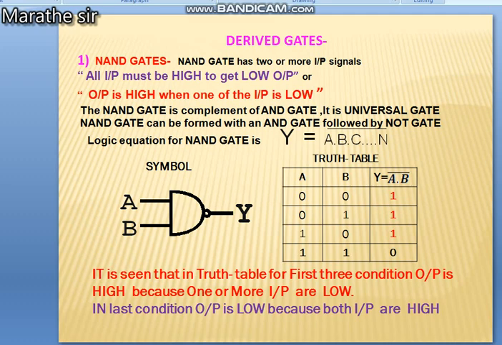In the last condition, when A is equal to 1 and B is equal to 1, we are getting output Y is equal to 0 because both inputs are high. So the NAND gate provides a low output when both inputs are high, and a high output when one or more inputs are low. That is the first derived gate.